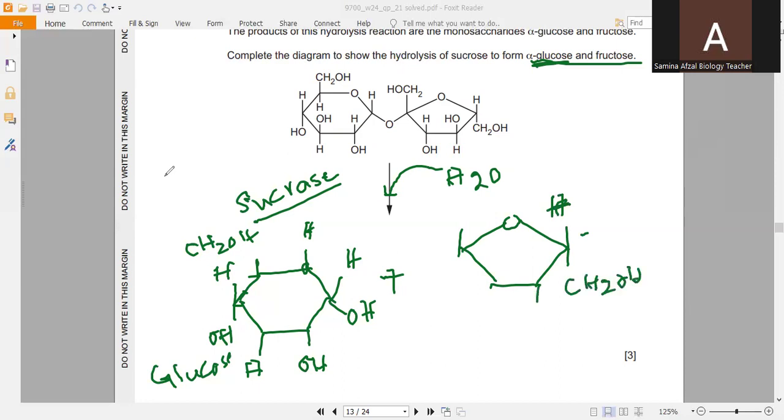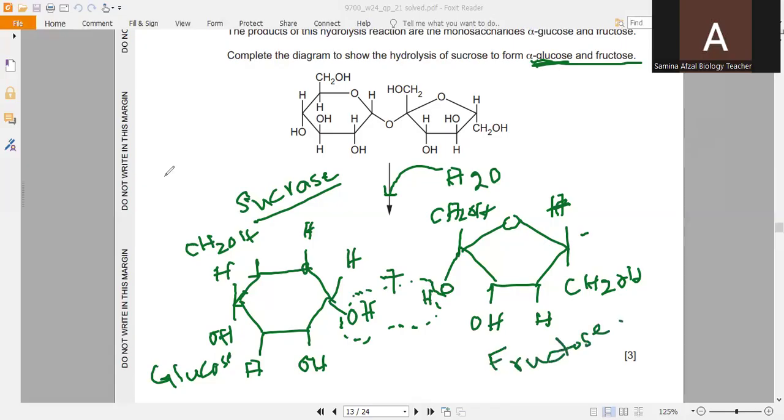CH2OH and CH2OH, and there will be OH. That was the water which has been added, and this water helped to break down the sucrose, in the presence of sucrase enzyme, into glucose and fructose.